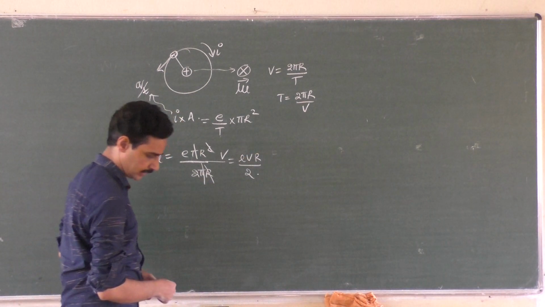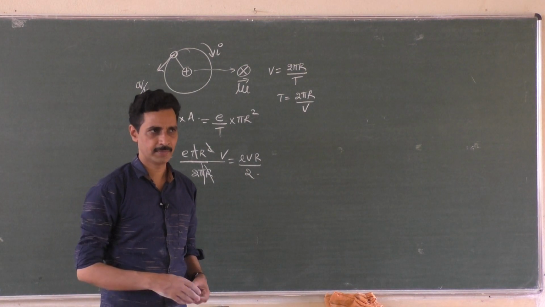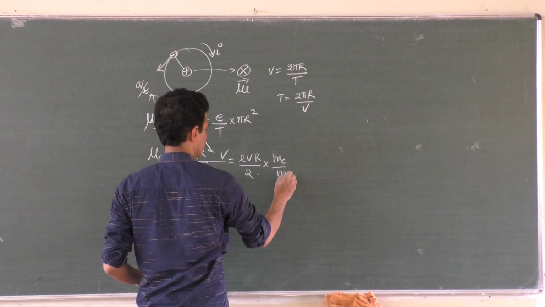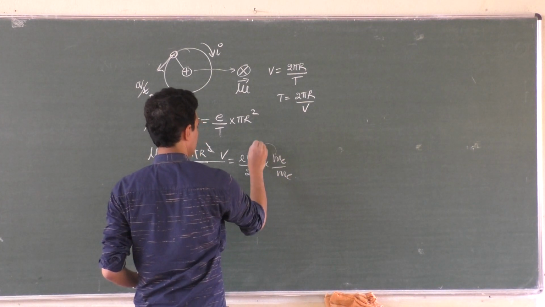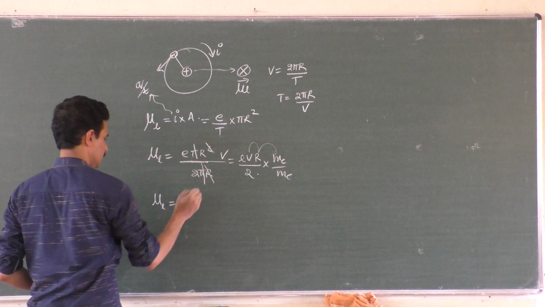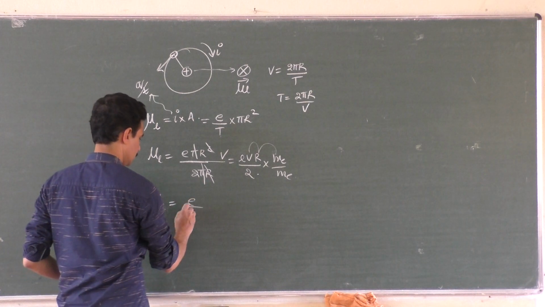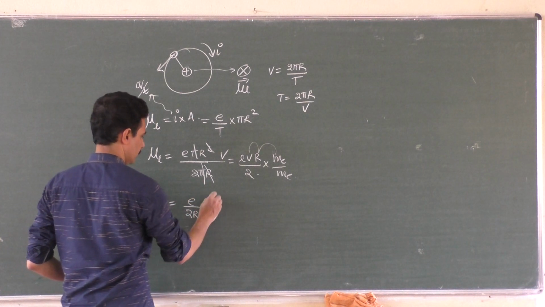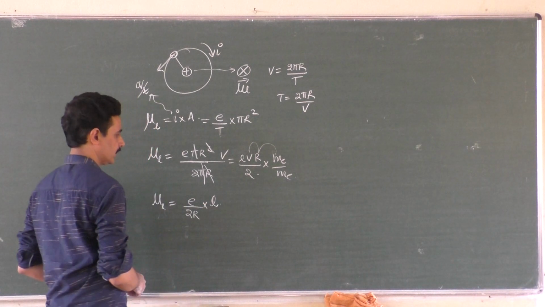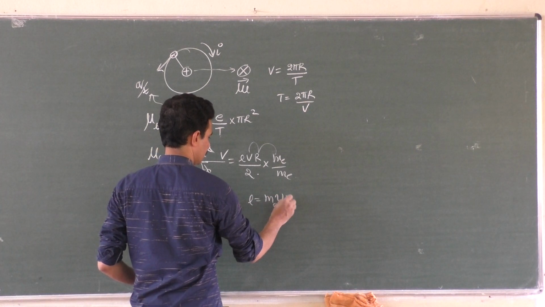But you don't have m here to express the angular momentum, mvr, nh by 2 pi. So multiply and divide by mass of the electron, then mvr, you can club them together. So what you will get, magnetic moment due to the orbital motion is equal to e by 2m into the angular momentum L, because L is equal to mvr, with m the mass of the electron.